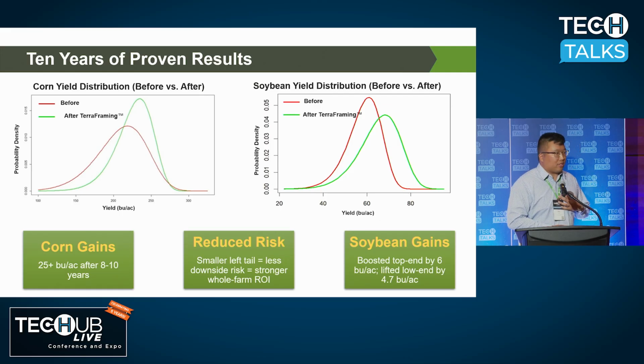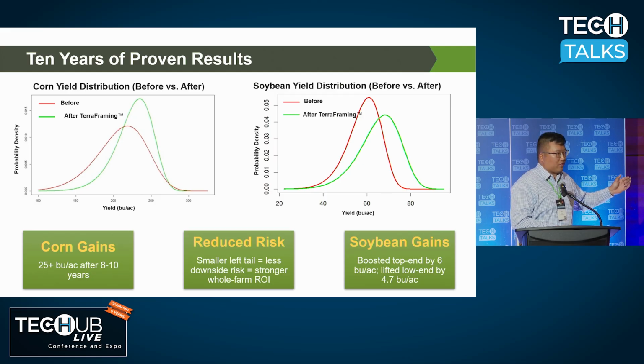What I see, and you can agree or disagree with me, is we have pushed that performance curve to the right, which represents a yield gain over the years that our growers have been with us. And that yield gain is about up to 25 bushels an acre on the corn side, which is the left graph here. We're starting with that. And not only that, but you might notice that our performance curve has actually narrowed as well.